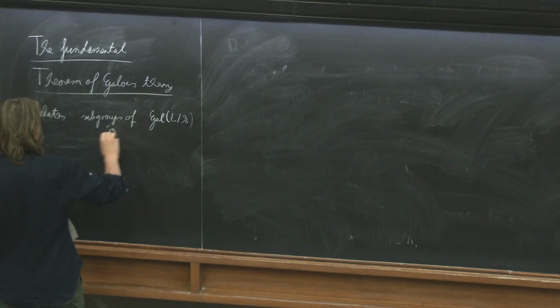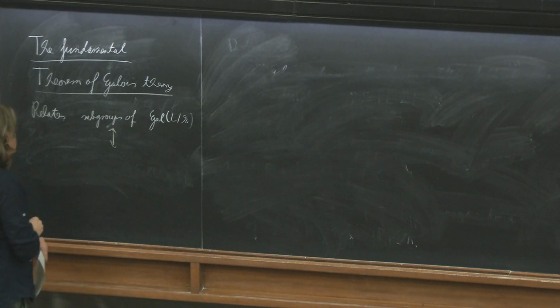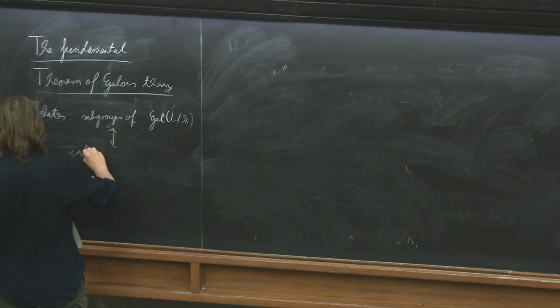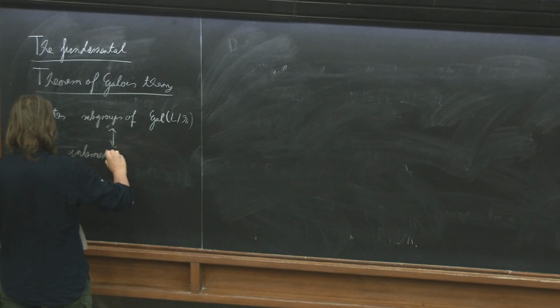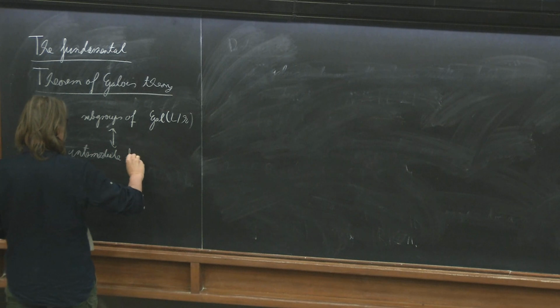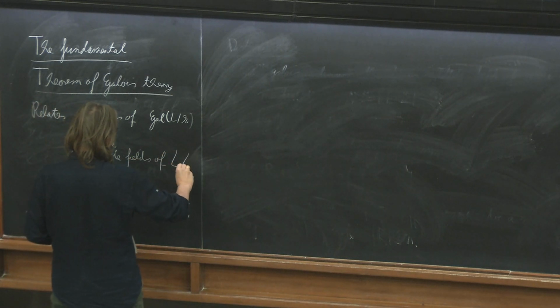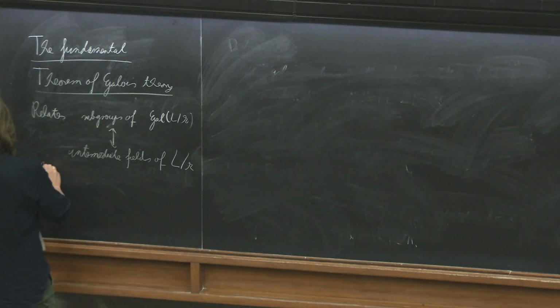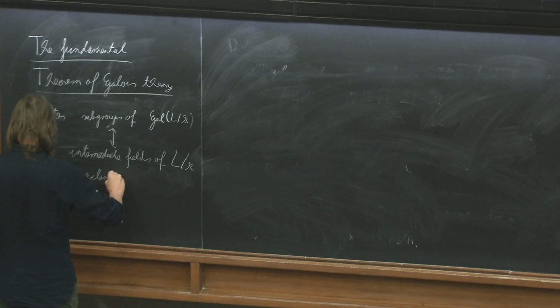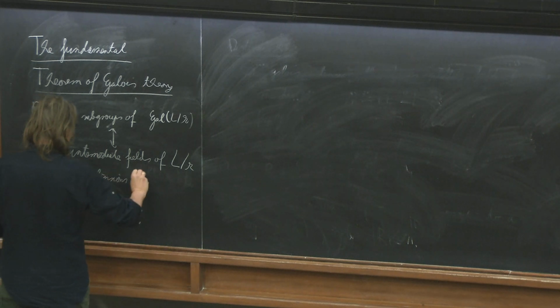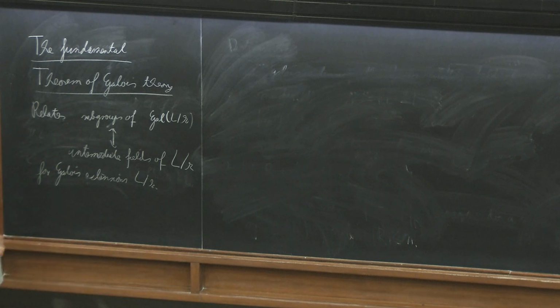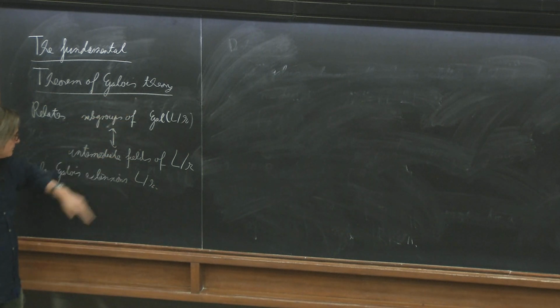and the intermediate fields of the field extension L over K for Galois extensions. So if you have a Galois extension there, you'll find there is actually a bijection between the subgroups of the Galois group and the intermediate fields.